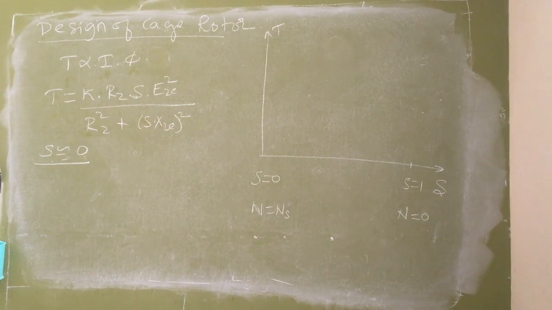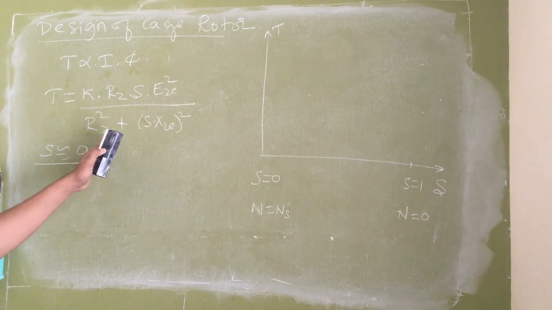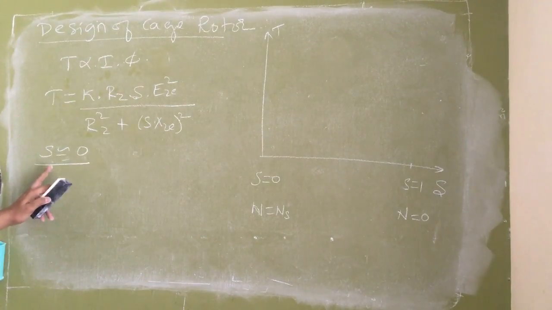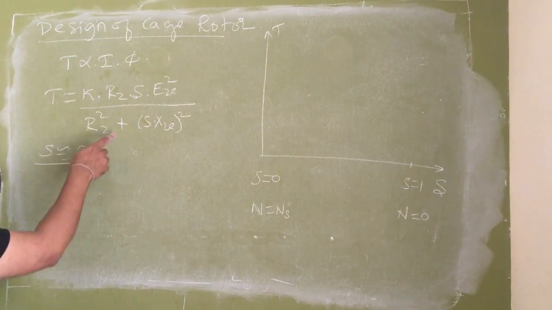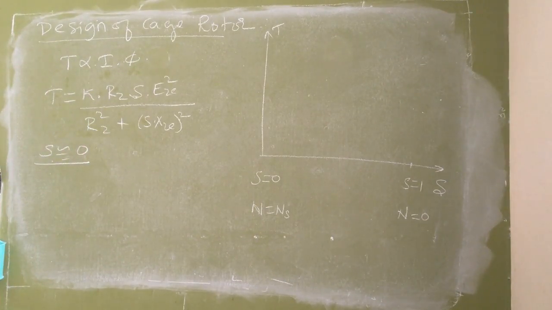Its square will be even smaller, and R2 square will be much larger than S square x2e square. So at S nearly equal to 0, please don't apply the concept to the numerator. Don't make the numerator nearly equal to 0. Again I am telling, if you make the numerator nearly equal to 0, my study stops there. Don't do that.